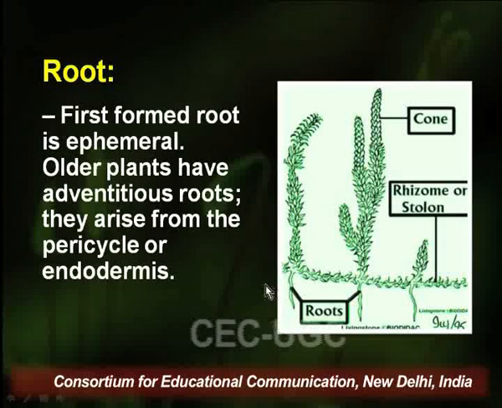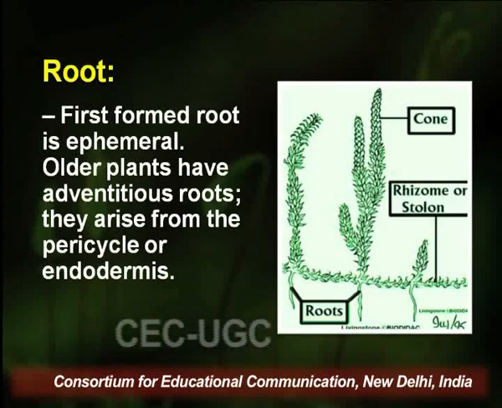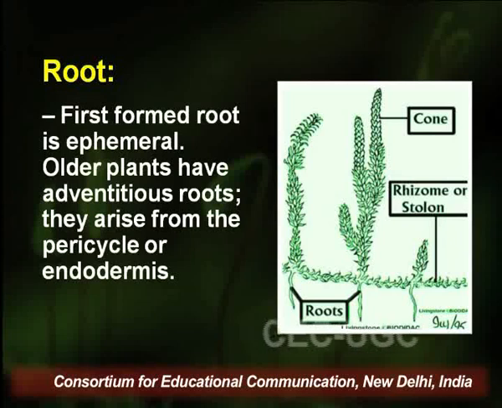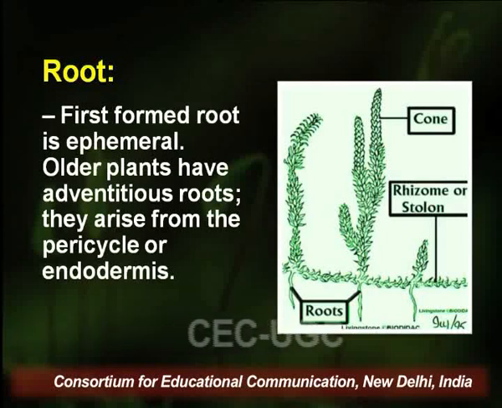Such roots which grow through the cortical cells of the stem are also termed as cortical roots. So, cortical roots is one such unique feature which we have encountered in Lycopodium.